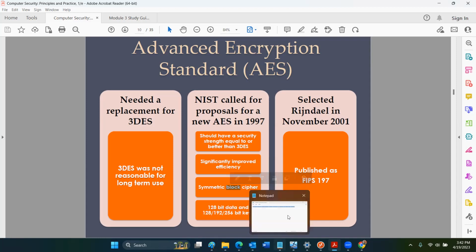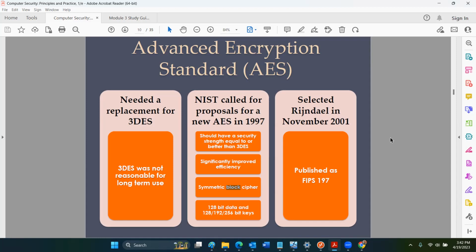One of the other things I want to impress upon you about symmetric encryption or single key encryption is that there are two basic types, block and stream ciphers. So far we've been talking about block ciphers. You take a block of plain text and what comes out is a block of ciphertext.